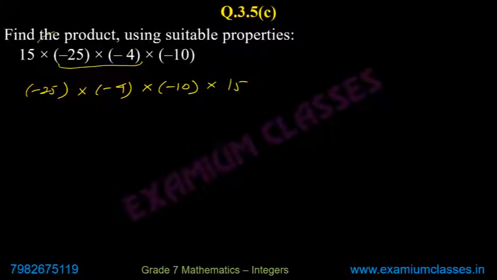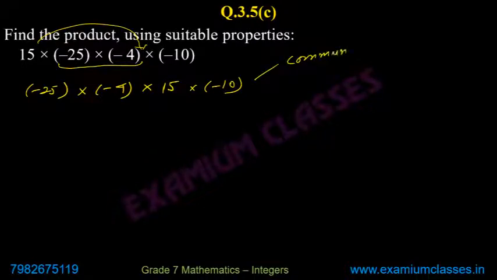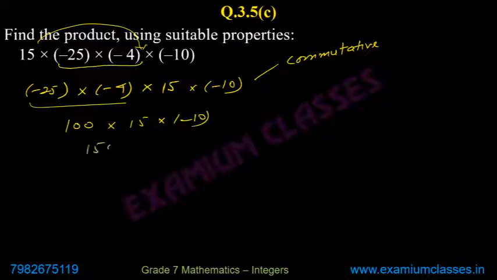Or you can write 15 into minus 10. Order anyway does not matter. So that's what you call the commutative property. These two will give you 100 into 15 into minus 10, 1500 into minus 10, minus 15,000.